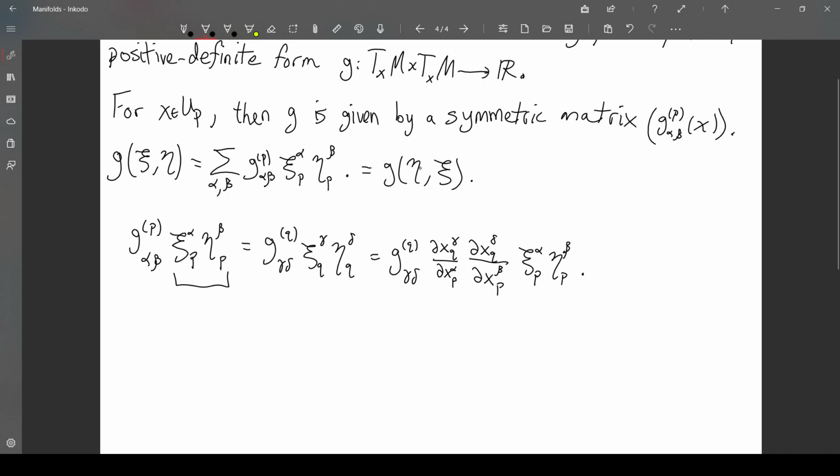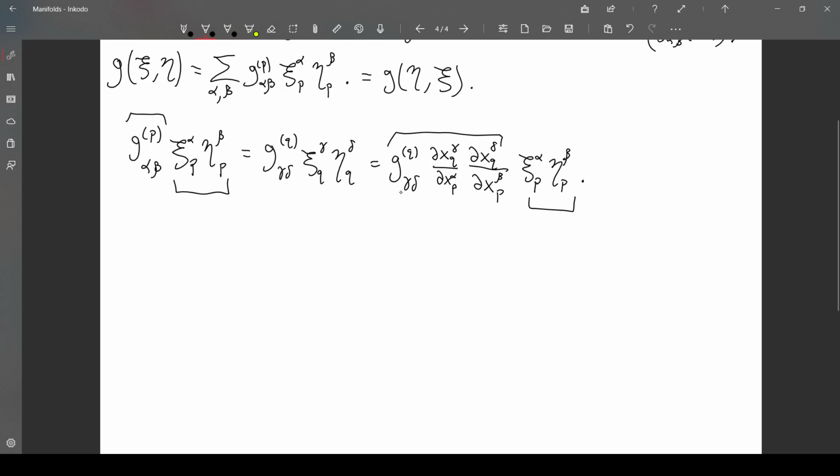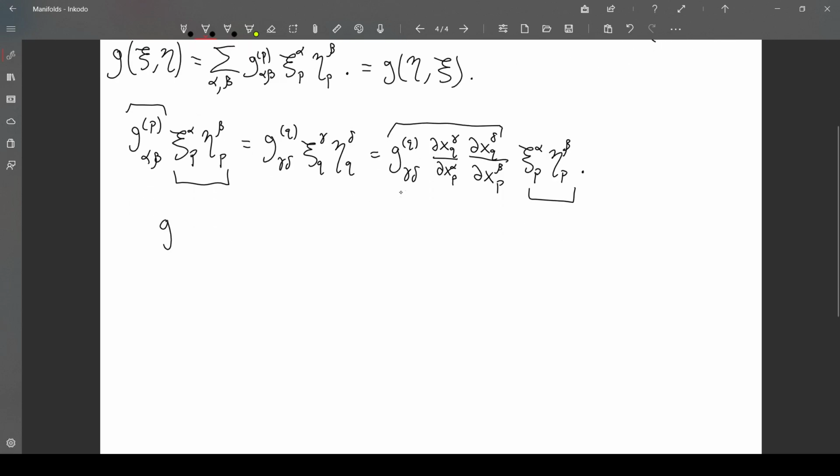And so these two expressions must be the same. And this is the transformation rule for the metric.